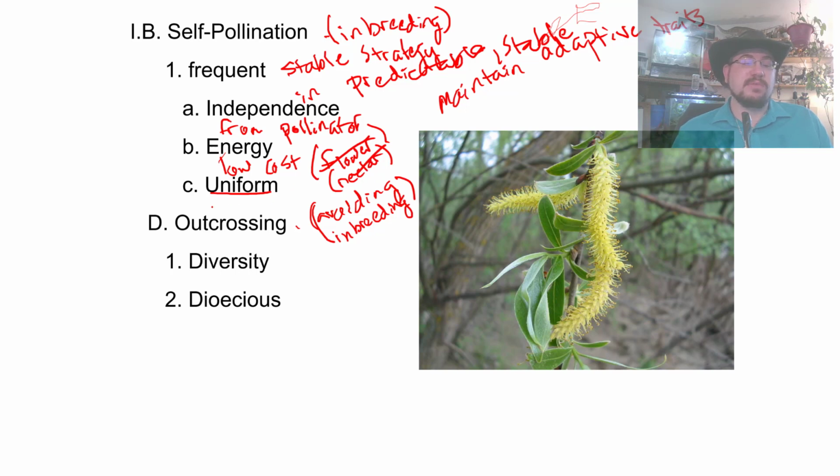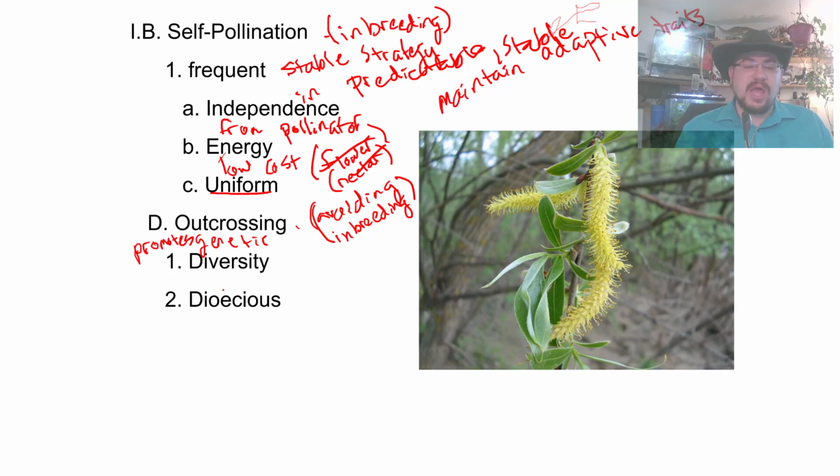Outcrossing, avoidance of inbreeding, basically promotes significant amounts of genetic diversity. Right? So it promotes genetic diversity. This is good because evolution by natural selection acts on genetic variations in a population.